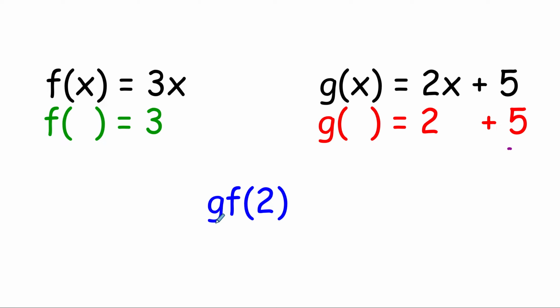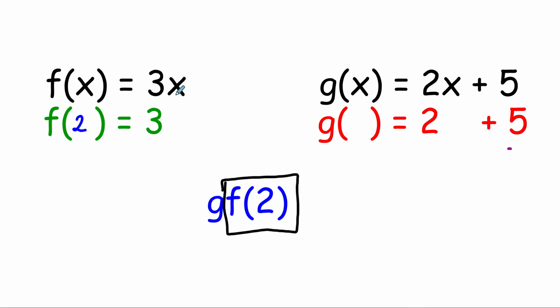So here's the question, gf of 2. So what does this actually mean? It means 2 is our input for the function f firstly, as f is nearest to 2. So if we start off with our f function and our input value is 2, we replace the x with a 2.